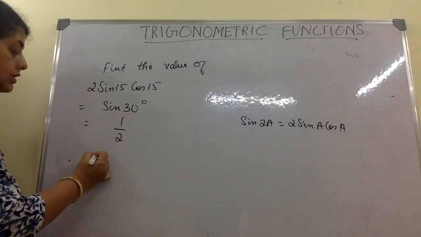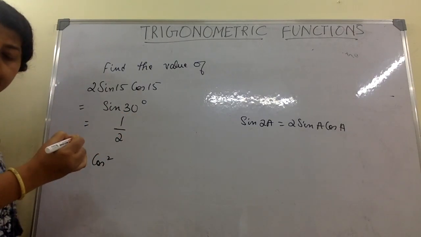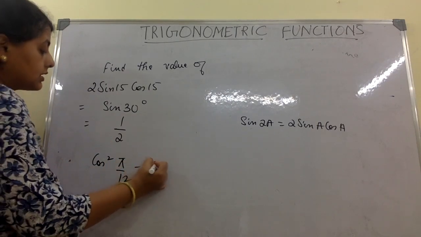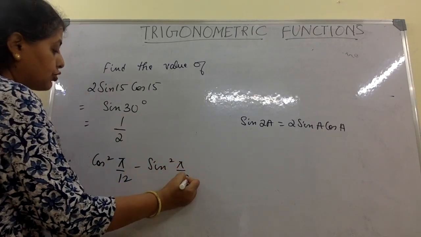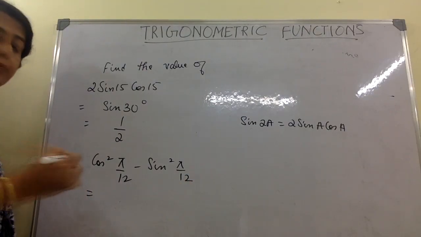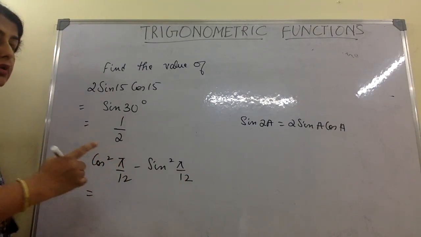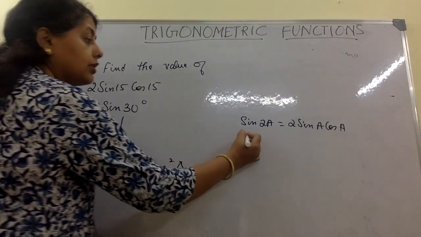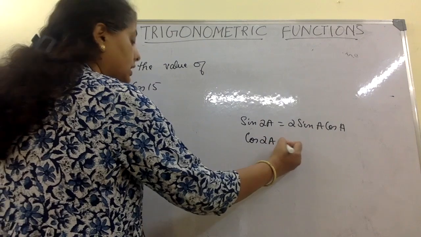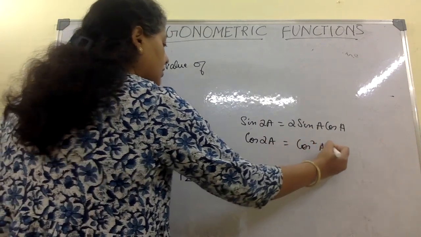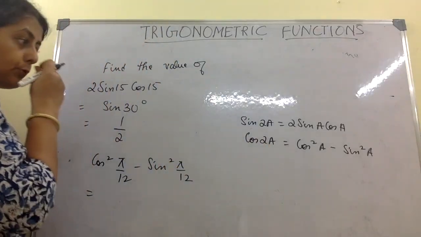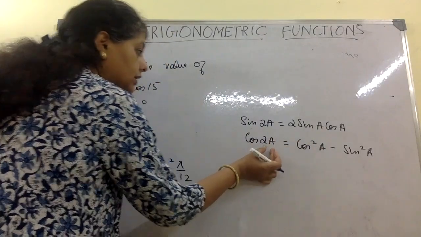Let's see the next one. These are simple questions. Cos square pi by 12 minus sine square pi by 12. How much is the value? Again we are using this formula. Cos 2a is cos square a minus sine square a. Here the angle gets doubled. Whatever angle you have here it will get doubled.